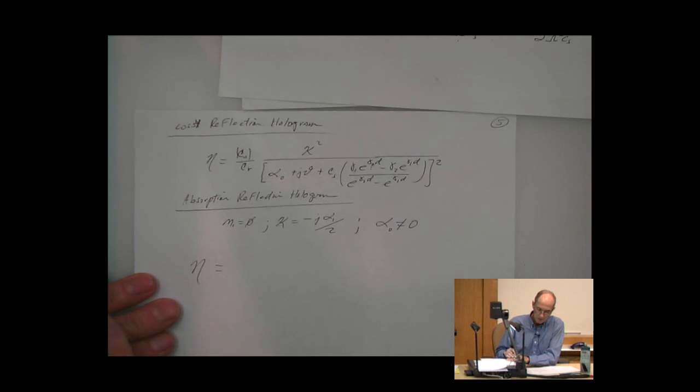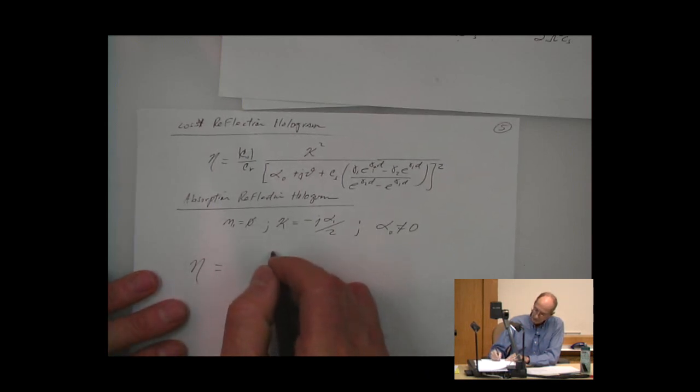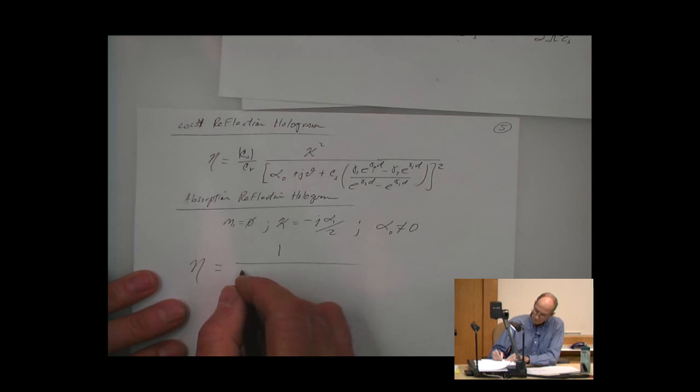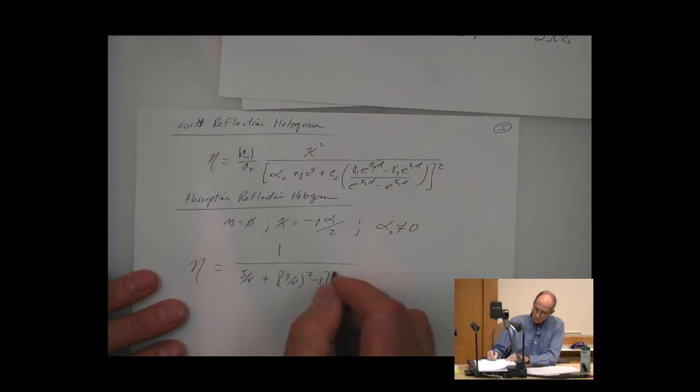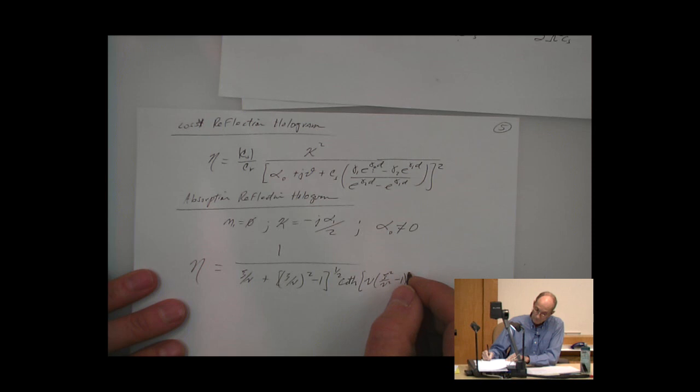It's not too messy, and that's equal to 1 over psi over nu plus the square root of psi over nu squared minus 1, times a hyperbolic cotangent of nu times the square root of psi squared over nu squared minus 1, and all of that is squared.